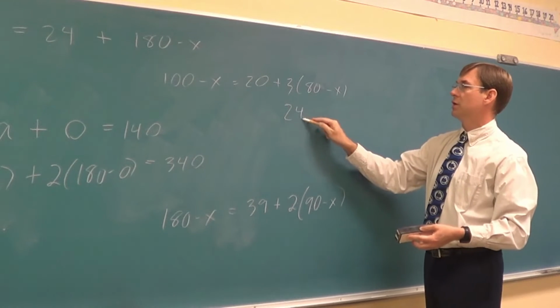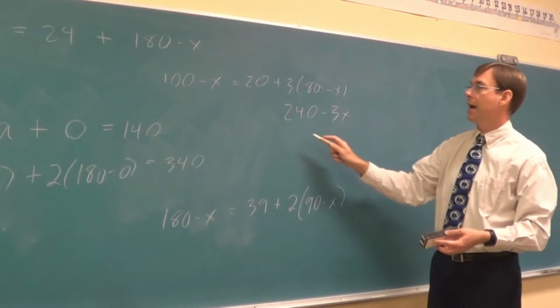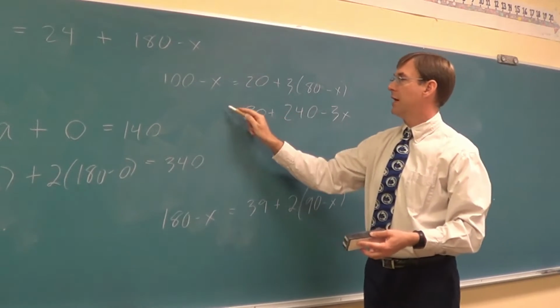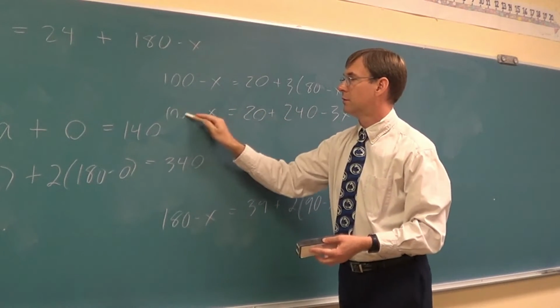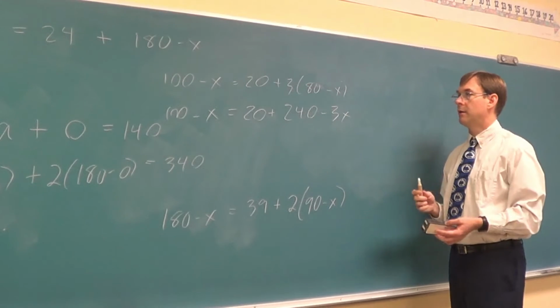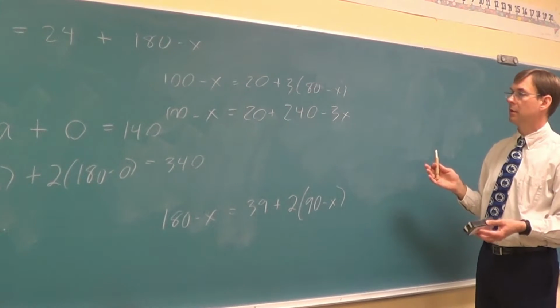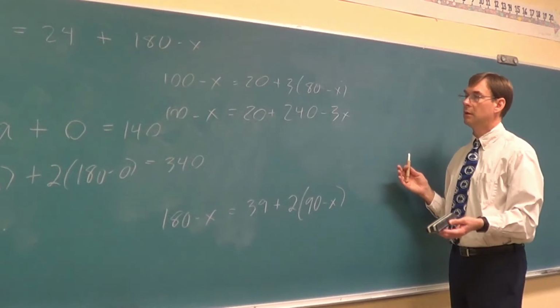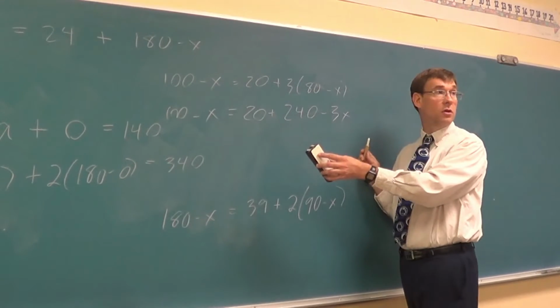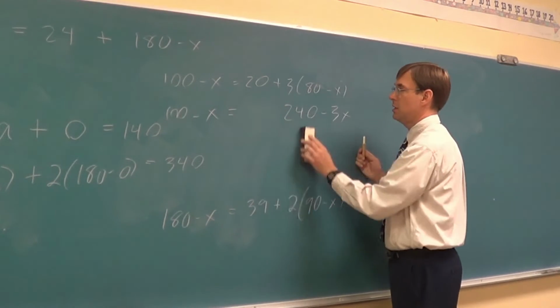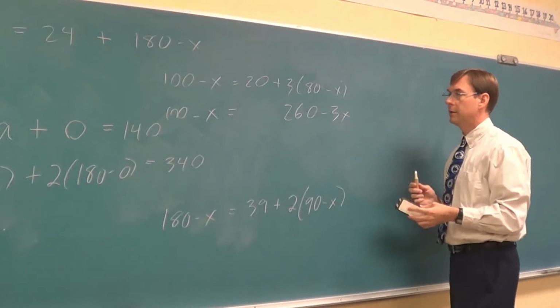Distribute. So this would be 240 minus 3x, while the rest of this just sits there. Good on that. Now, an opinion? Anybody? Combine like terms, which will create 260. 260. Okay.